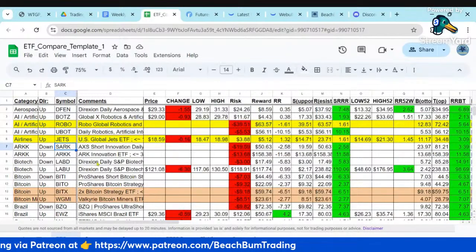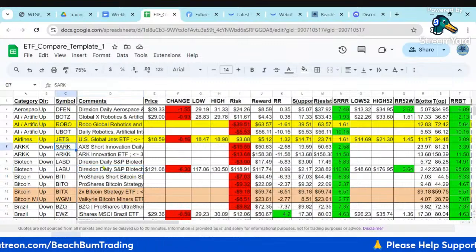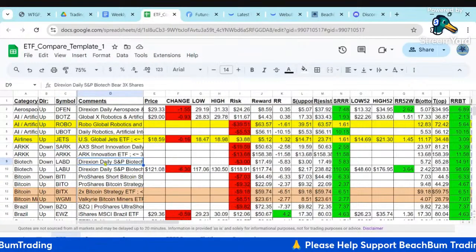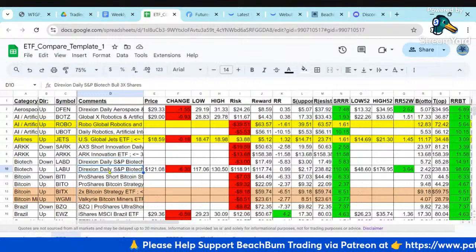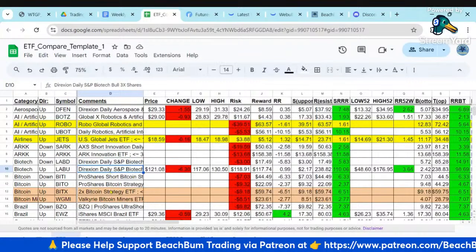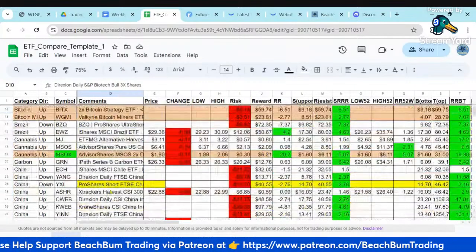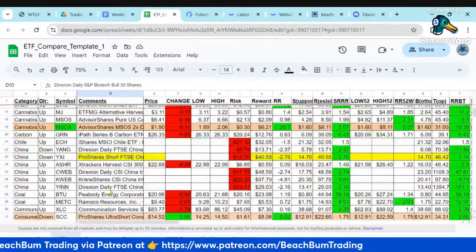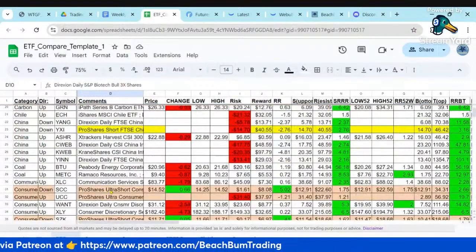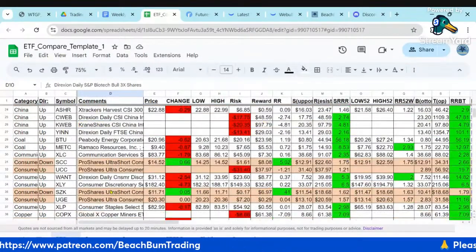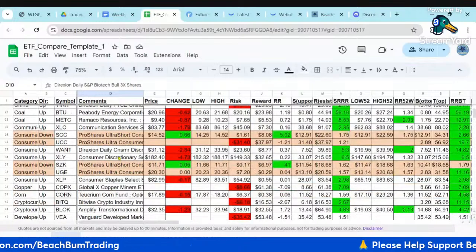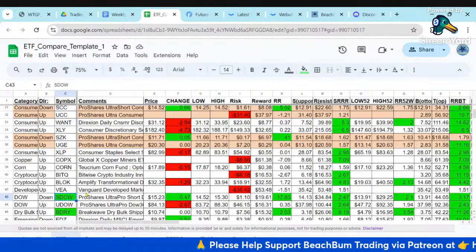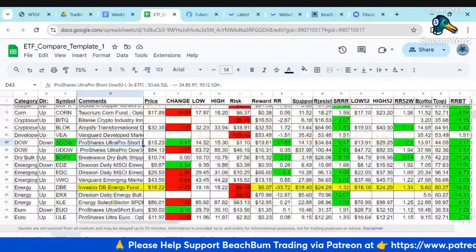And if you're looking for leverage products, we talk about SARK to short RK, LABD to short biotech. You can see that's a 3x short. The long is LABU. So we have these short ETFs, some of which are leveraged, that you can trade downtrends. And we'll talk about that again as part of our theme. SDOW is the short on the Dow.